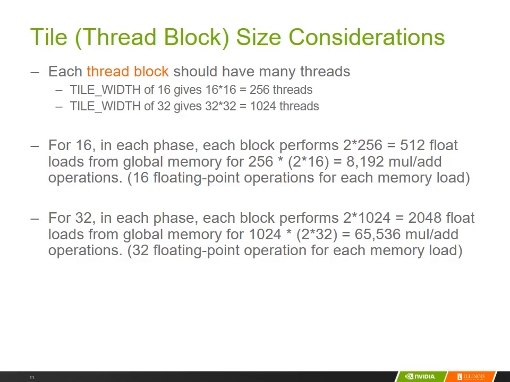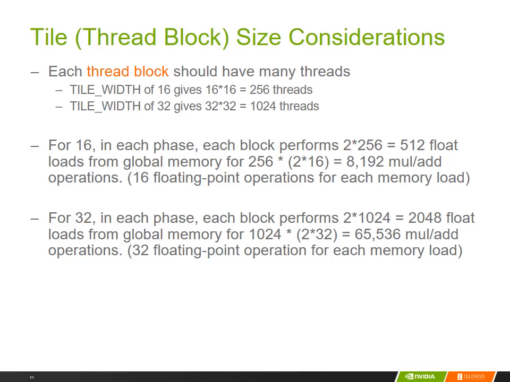Once the elements of the tiles are in the shared memory, each thread performs 32 multiply and add operations for the inner product, and we have 1,024 threads. So we will be making 1,024 times 2 times 32, which is 65,536 floating point multiply-add operations.